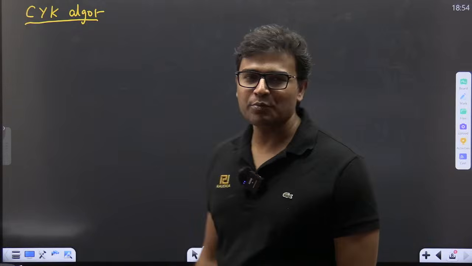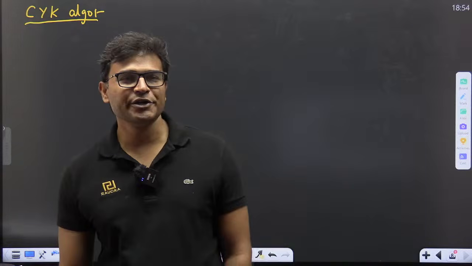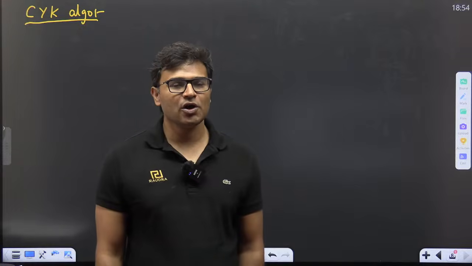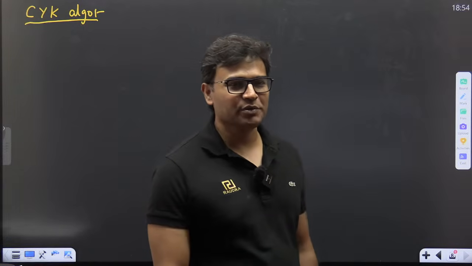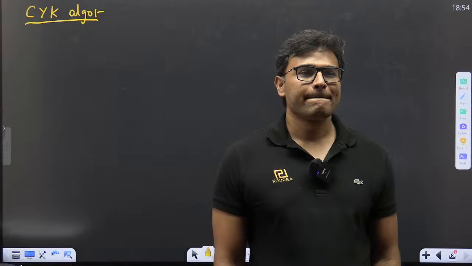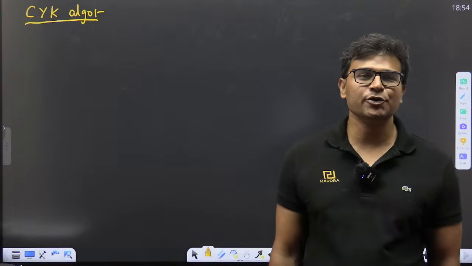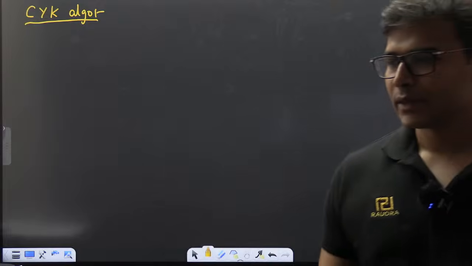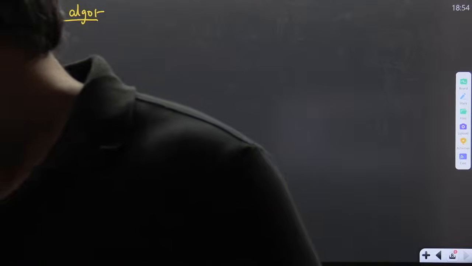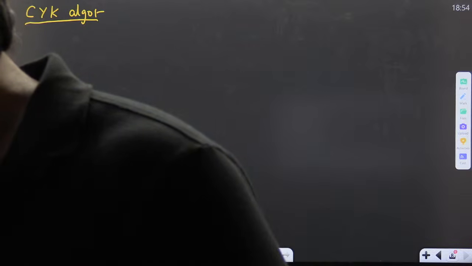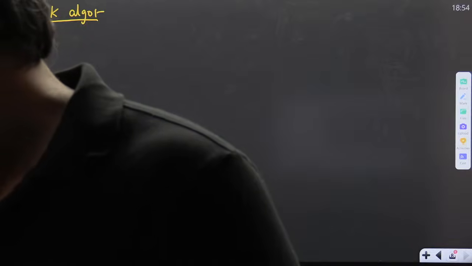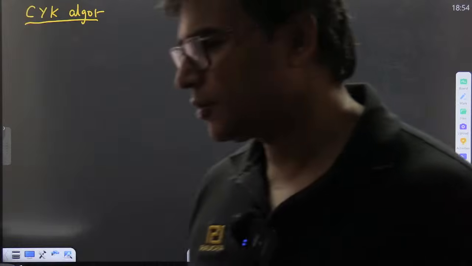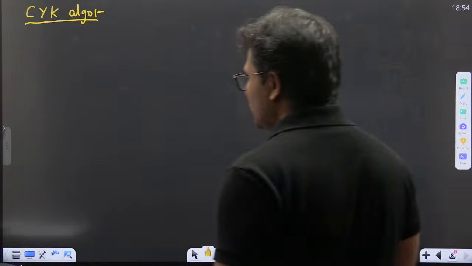Small example, start with small example and give you big examples, or start with big example and give you small examples? Which one do you want? Okay, small example. Fine.